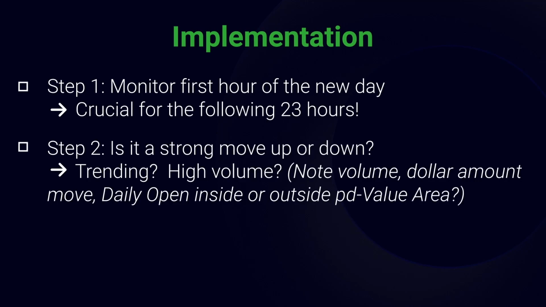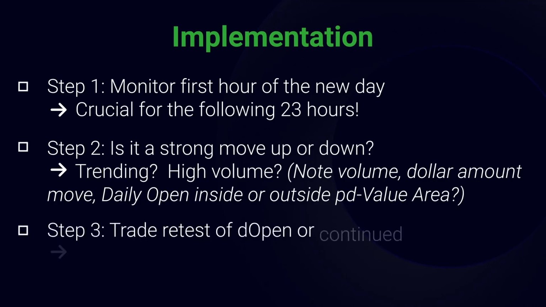Ask yourself, is it a strong move up or down? Is price action trending? Is the volume high? You can also note volume, the dollar amount move, and whether the daily open is inside or outside the previous day value area.